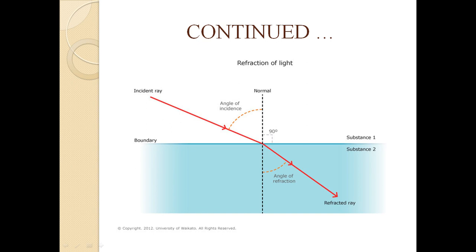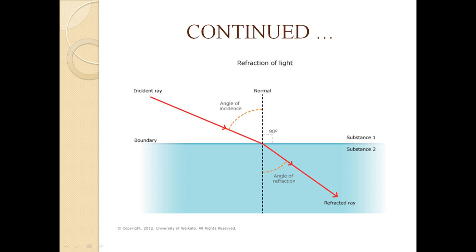Now you can see the figure. In this figure, the light ray passes through medium 1 and enters the second medium 2. Here the normal is shown as a black dashed line. The incident ray, shown here in red in substance 1, makes an angle with the normal to the surface.